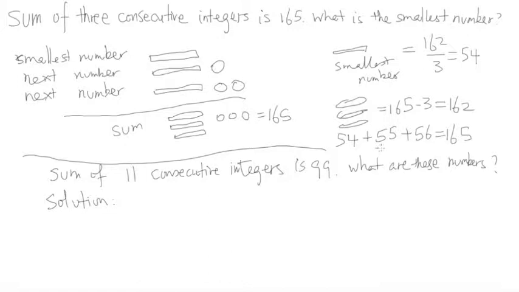Now, if you observe the middle number 55, it is the average of 54 and 56. And indeed, this middle number is basically the average of all three numbers. So there's another simple way to solve this problem: find the average first.